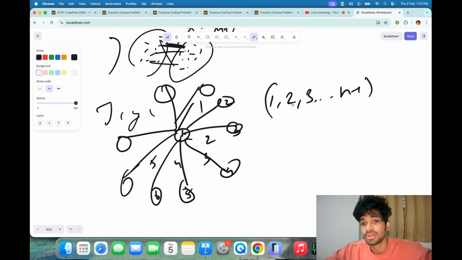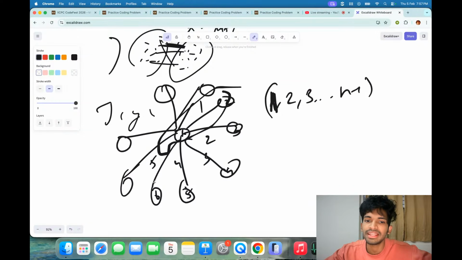So now how can you do that? One will always be taken. You cannot do anything about that. Can you skip 2 sometime? Is there a way where you will skip 2? Let's say 1 will always be taken, and then you keep 1 and 2 on one side, and you keep the remaining things on the other side.